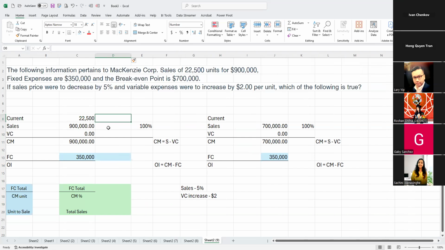How much is my sales price per unit? $40. This one divided by 22,500, correct? $40 per unit. Okay. Now I don't know contribution margin, and I don't know fixed cost, so that doesn't help me too much, correct? Yes.